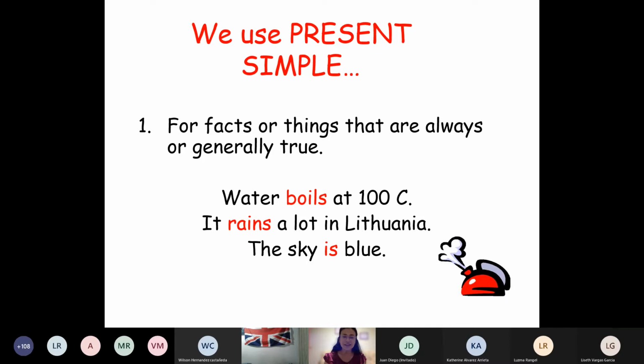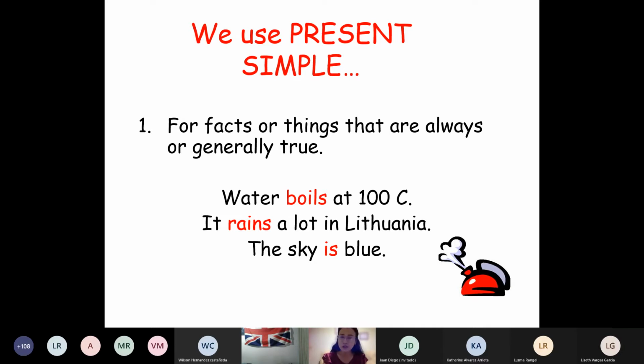As you can see here, water boils. Boils is with S because it's in the third person singular. It rains with S because it's also the third person singular. And then you have the sky is blue, also with the verb to be. The sky is, because it refers to a singular subject.